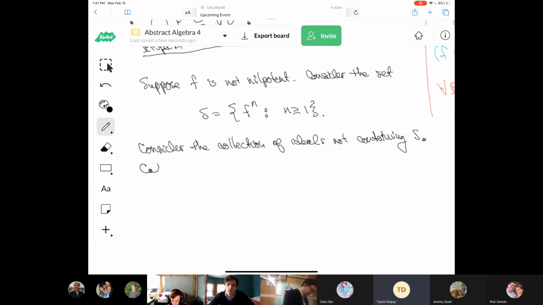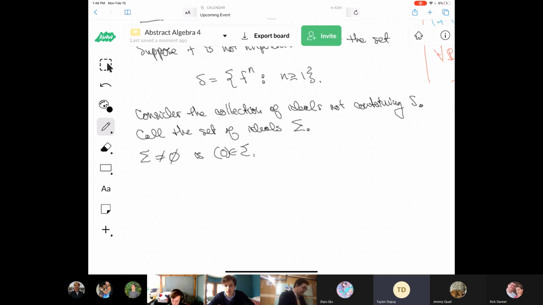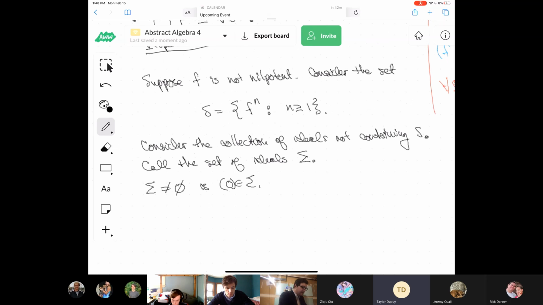Let's call this set of ideals sigma. Sigma is not empty since the zero ideal is in sigma. The zero ideal doesn't contain this because this is exactly the hypothesis that F is not nilpotent.